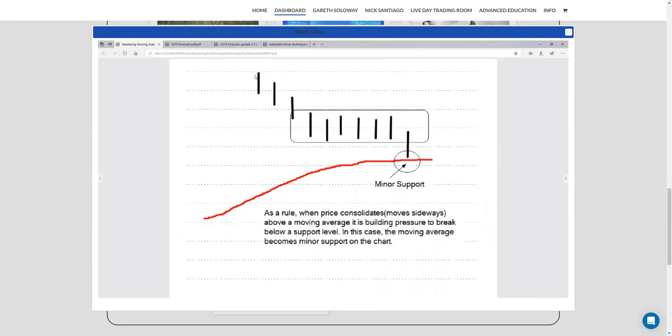Here's a case where we do that. So price comes down, and what does it do? Consolidates. So what does this moving average become, major or minor? Yeah, minor. I'll cover that, Fernando.